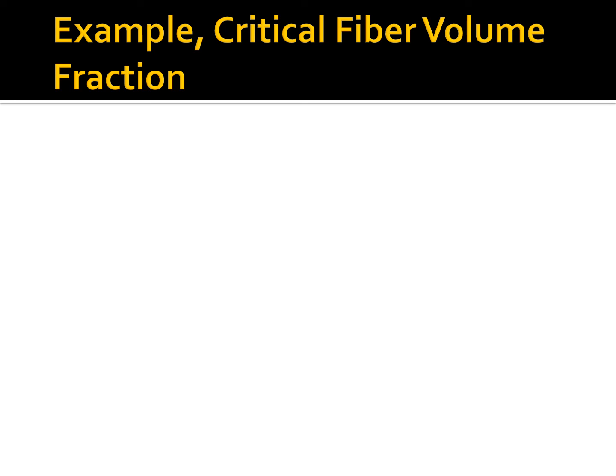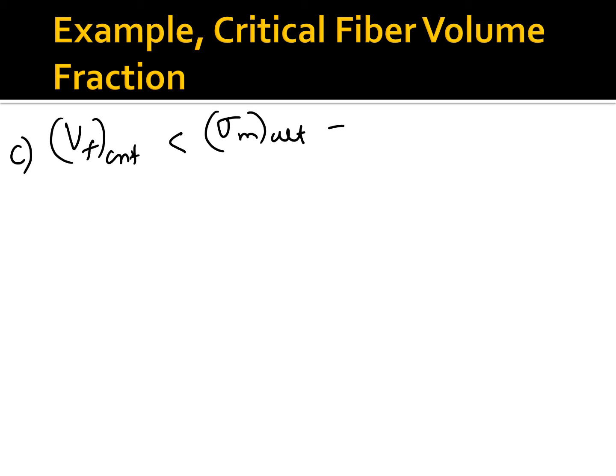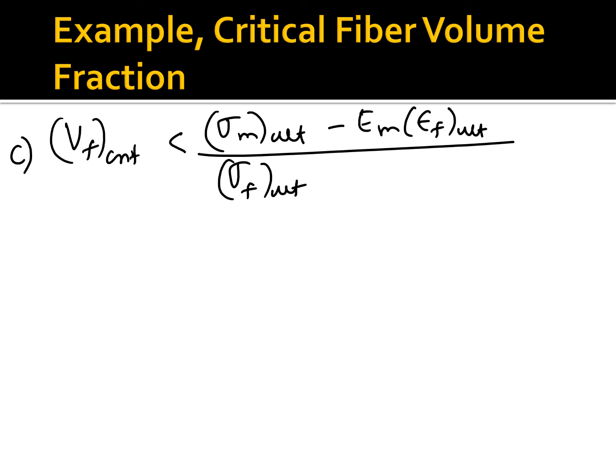Let's go and see how we can find out the critical fiber volume fraction. The critical fiber volume fraction, which is part C, we know the formula is given as this. So we know the numbers for all of these terms.